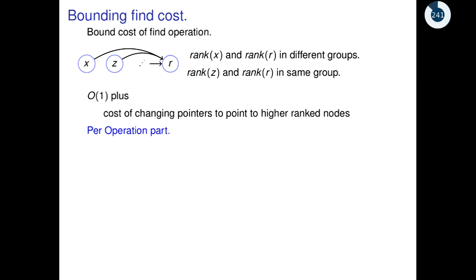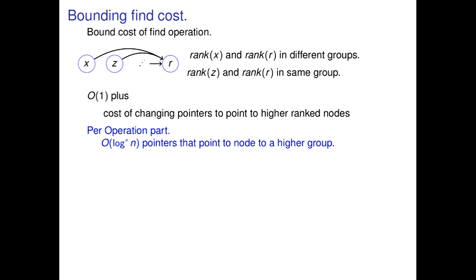So now the per operation part is log star, and pointers point to a node in a higher group. This whole path here goes up in rank, so only at log star n places can you jump up a group.